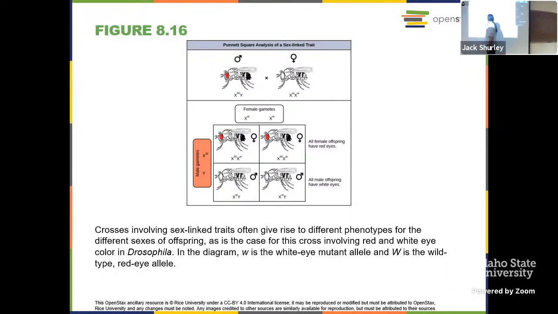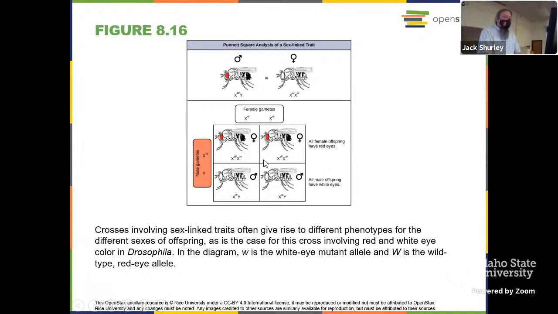Here, red versus white, and in the males, only one X chromosome. It's a capital W for the white eye. The female is one of each, big W, little w. We've got a cross up above with a male that has red eyes and a female with white eyes.